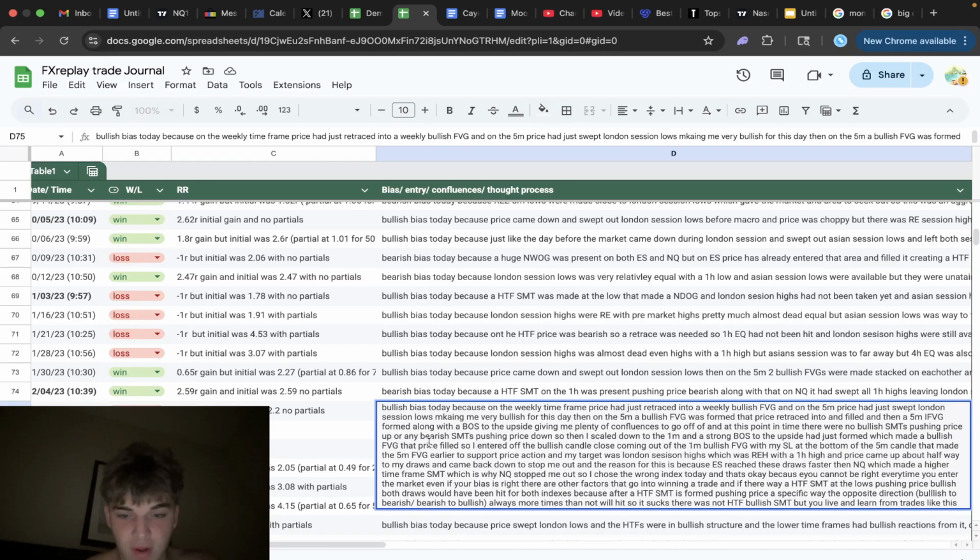Halfway, I draw something out. And the reason for this is because ES, the other index, NQ, ES reached these draws faster than NQ did, which made a higher time frame SMT, which is why NQ stopped me out. So basically today, I chose the wrong index. Boo-hoo, you can't do anything about it.